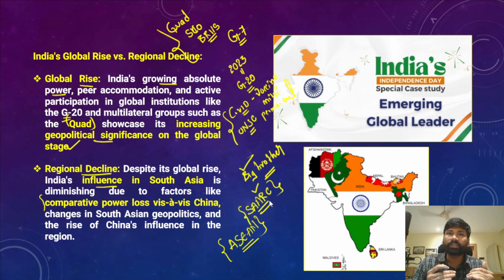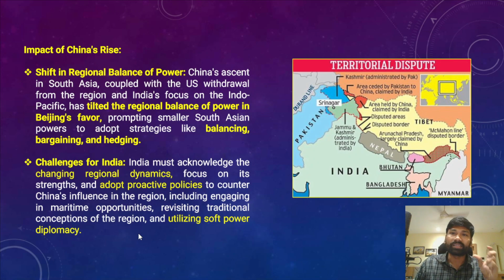All these factors, combined with the Chinese challenge, have resulted in diminishing India's regional leadership role and overall influence in the region. And that has key implications for overall South Asian geopolitics. In fact, the Chinese rise or influence in the region has also had potential implications for India.